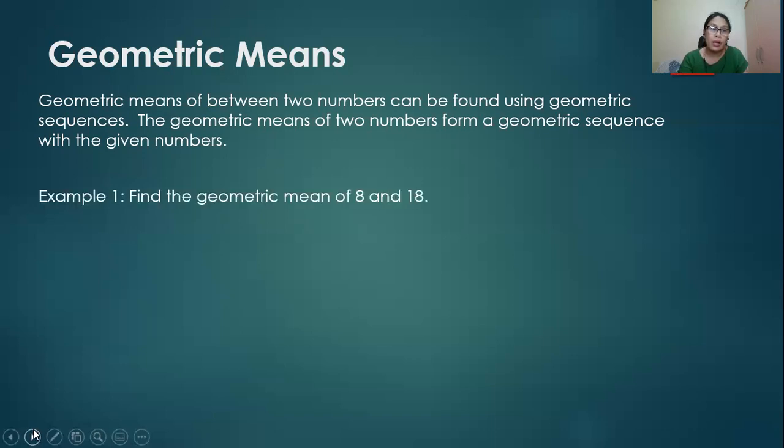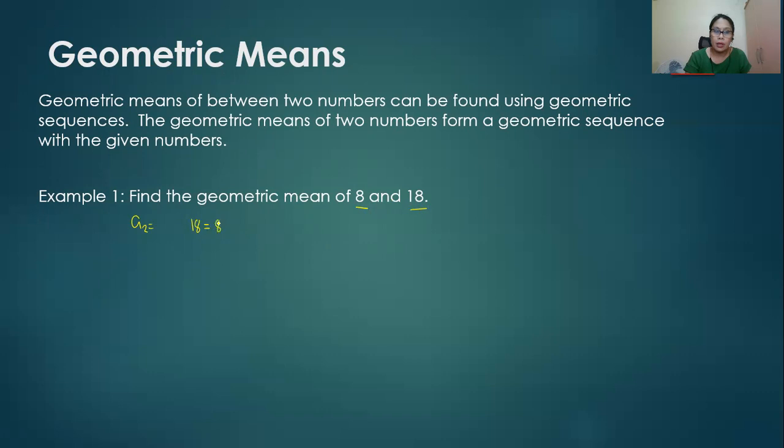For example, we're asked to find the geometric mean of 8 and 18. We are going to solve for a sub 2, since the first term is a sub 1 and the last term is a sub 3. So we have 18 equals a sub 3.